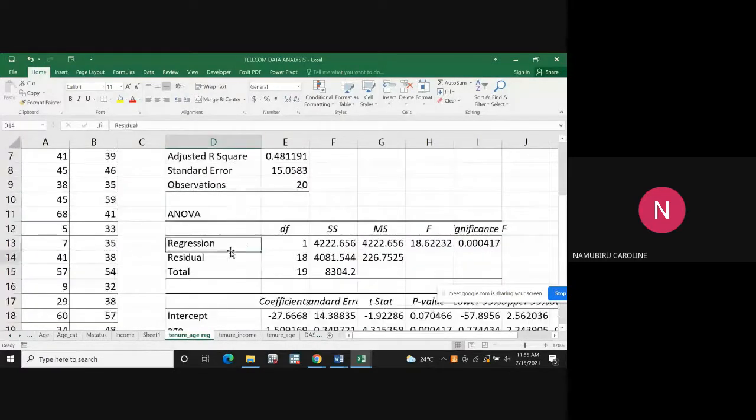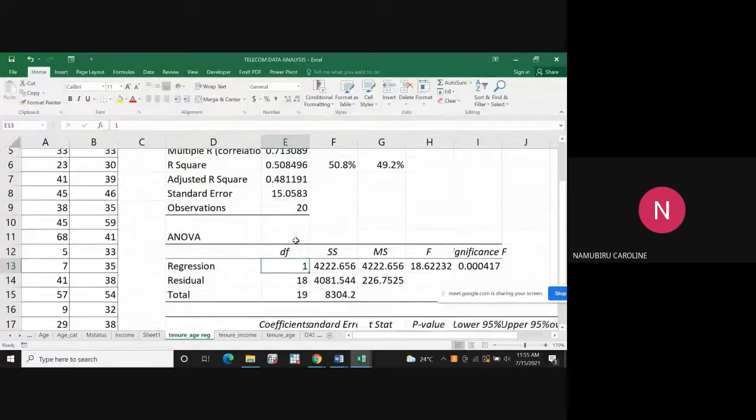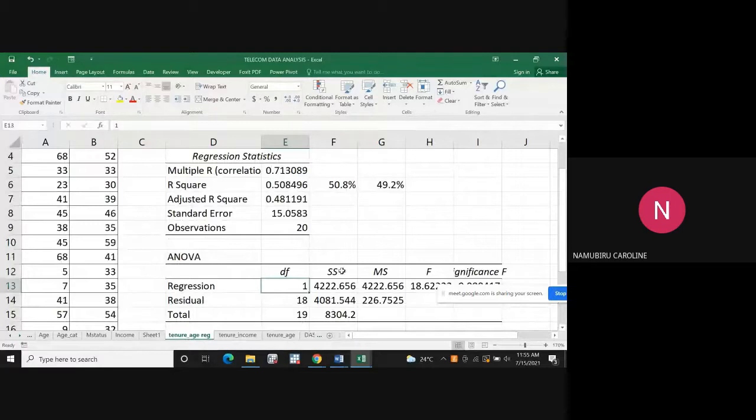This is the ANOVA. This is what someone wanted us to discuss. How relevant is this table? Now, this table helps you to see whether your model is significant. It helps you to really understand whether the model you've run is actually significant or not.